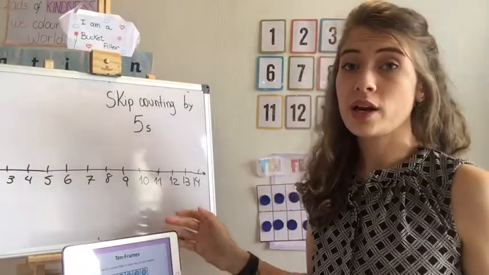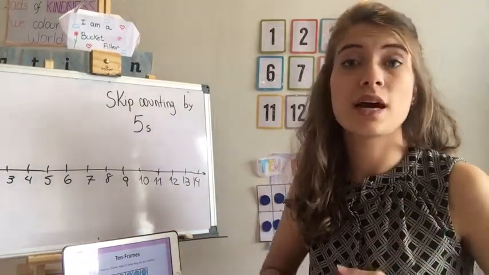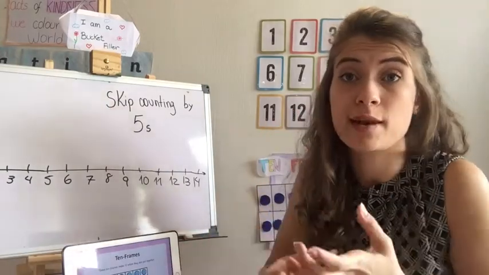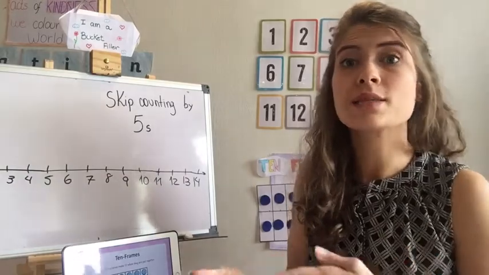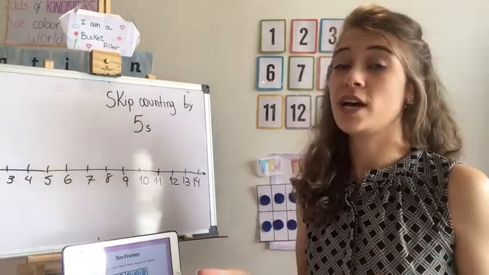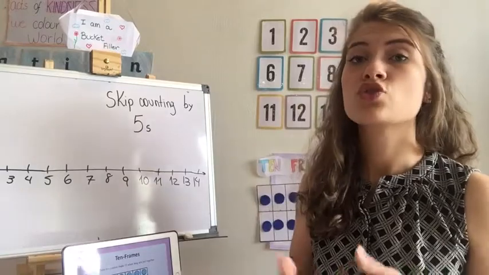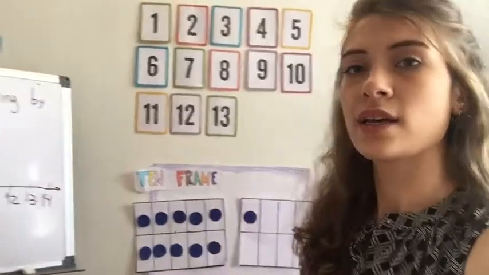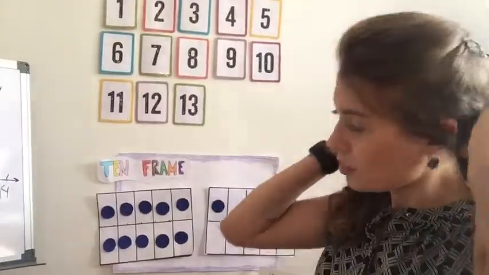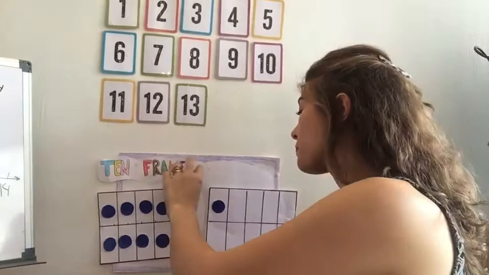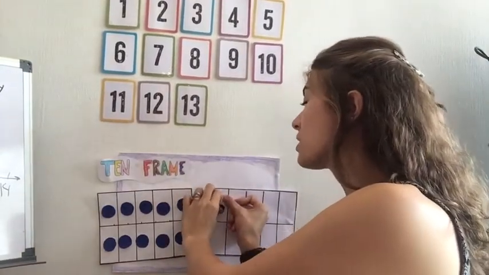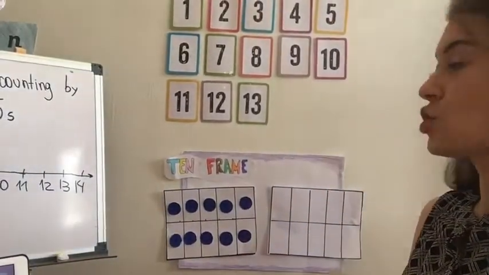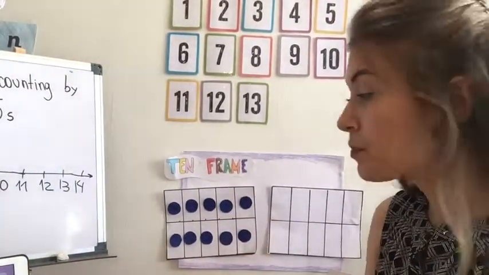As you know, we are going to use 2 ten frames because one ten frame just has 10 spaces, 10 squares, 10 blocks, and the number 13 is bigger than the number 10. Because of that, we are going to use 2 ten frames to represent the number 13. Like here, as you can see, we have 2 ten frames, and one ten frame is already filled up, which means that we just need to fill up this ten frame over here.